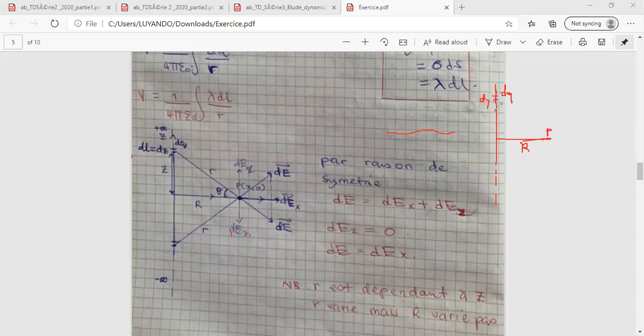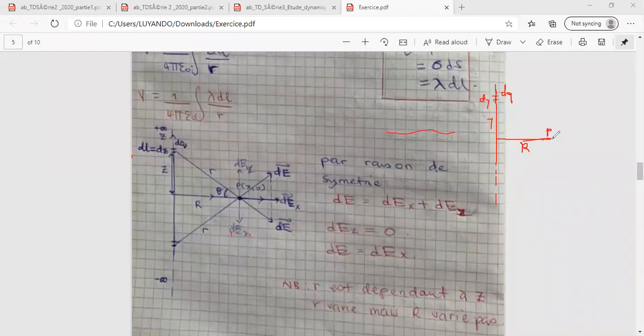From the center, where we have drawn our line, to where the segment starts is going to be y. The height of this segment is going to be dy.